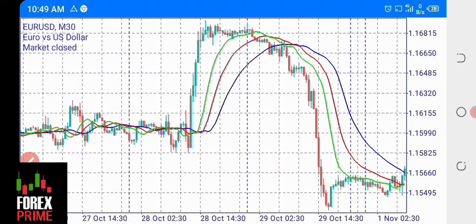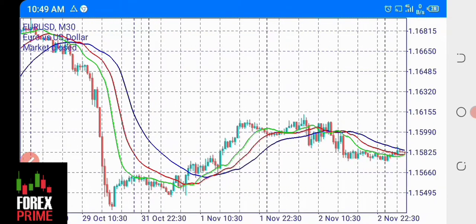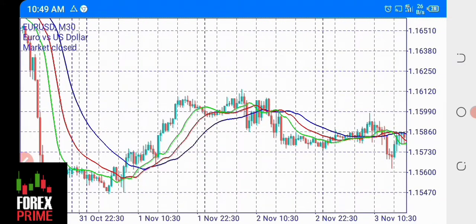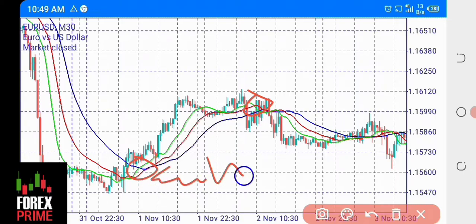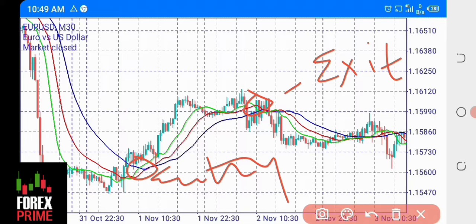Now let's move forward. Now, at this point, this is another entry, a buy entry into the market. And here becomes the exit. So this becomes another entry, and here becomes another exit. Are you seeing how simple it is, guys? Okay. So let's move on.